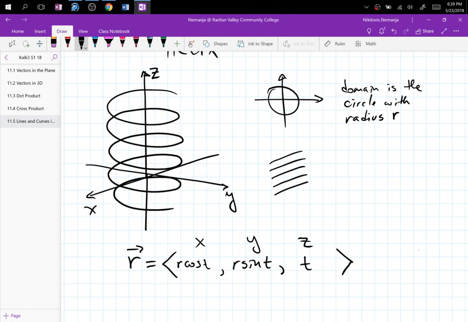But you can put any other function here. If you put e to the t, the spring is going to start winding slowly, and then as soon as it hits 1, it's just going to go whee, because it is really going to spiral up on the part above 1.